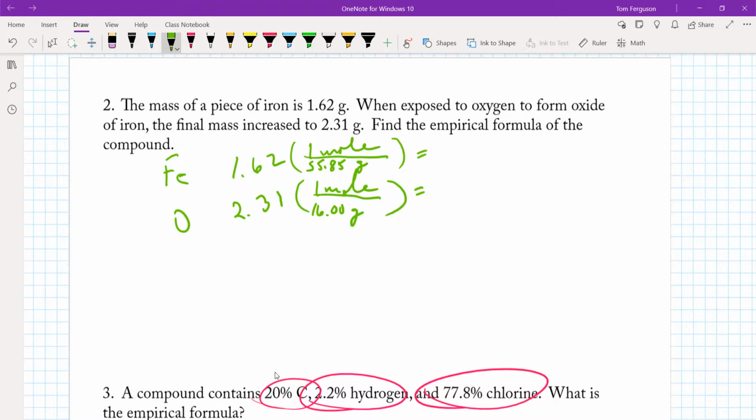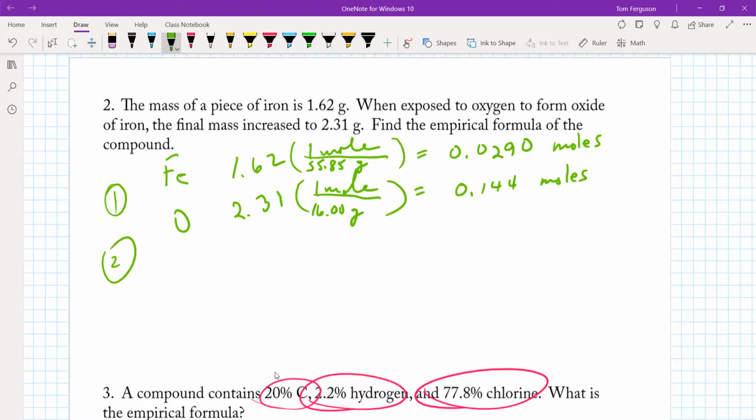So we're looking at... okay, we divide the big by the small.